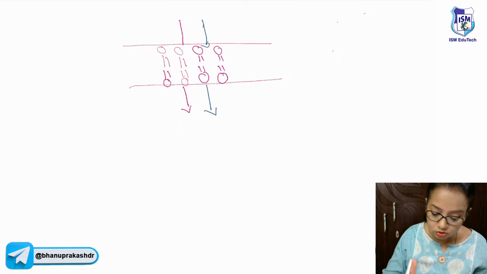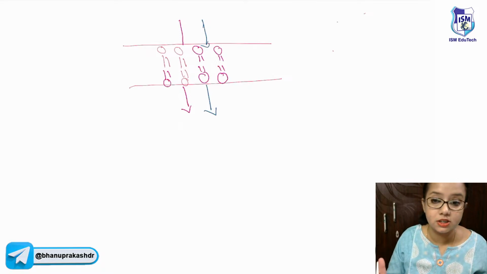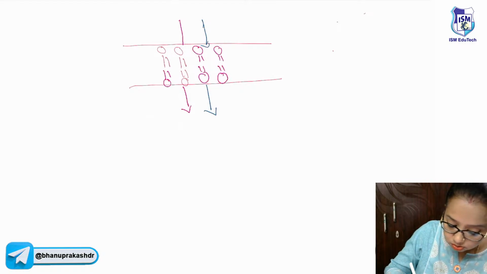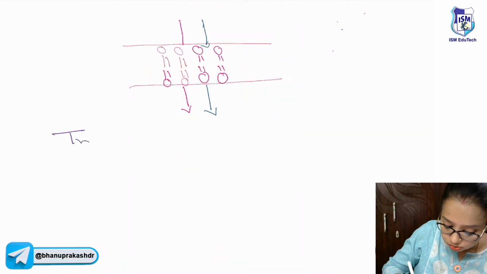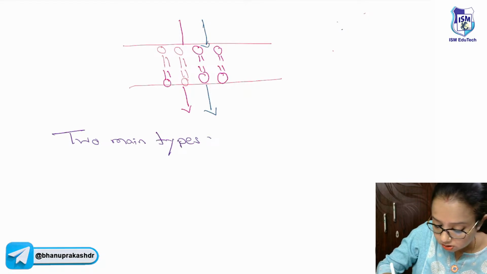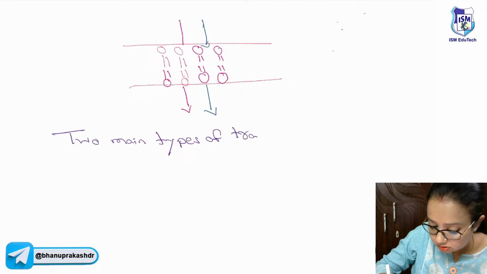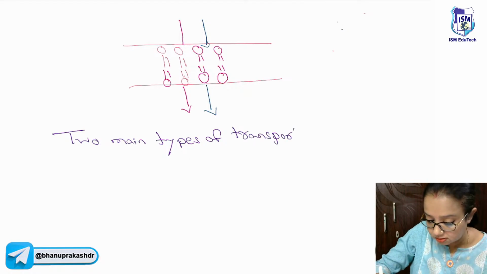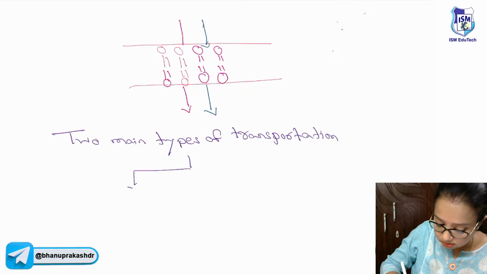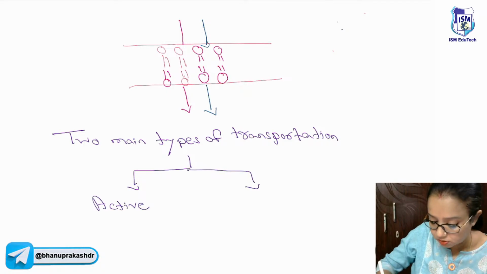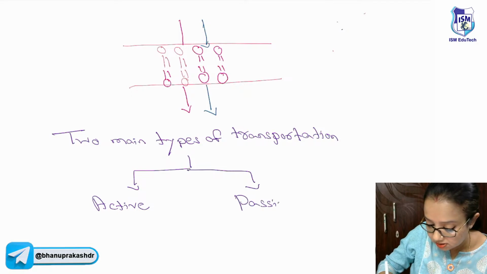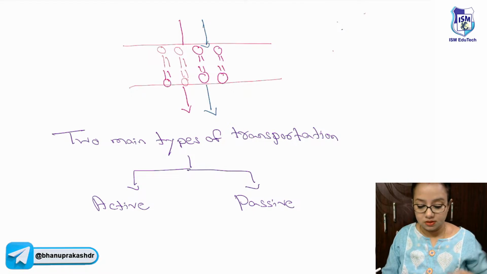But now in context to this osmolarity gap, what we need to know is that the two main types of transportation are the active mode of transportation, and the second one is the passive mode of transportation.